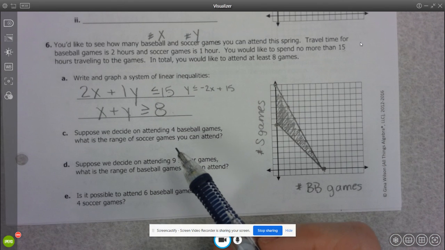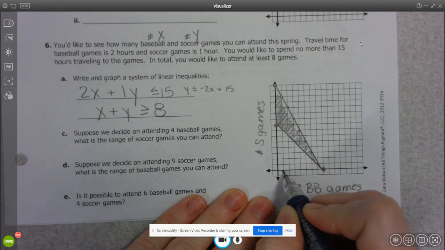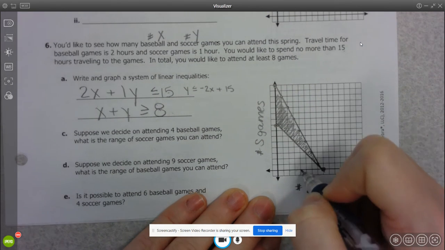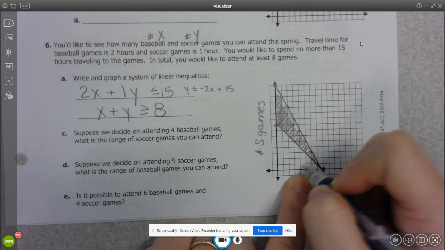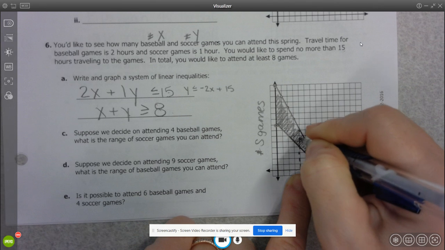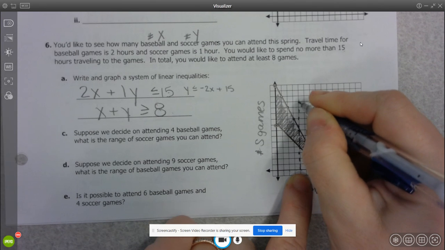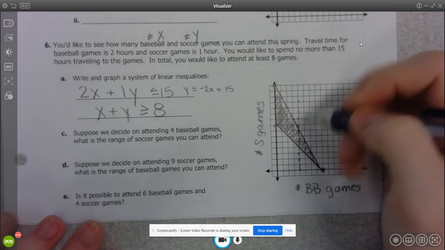So suppose we decide to attend 4 baseball games. That tells me my X value is 4. 1, 2, 3, 4. Okay. What is the range of soccer games you can attend? So I'm going to look at this space here. That's the number of baseball games I'm going to go to. So my soccer games are going to line up based on that.